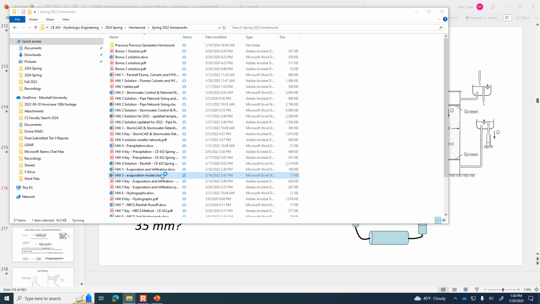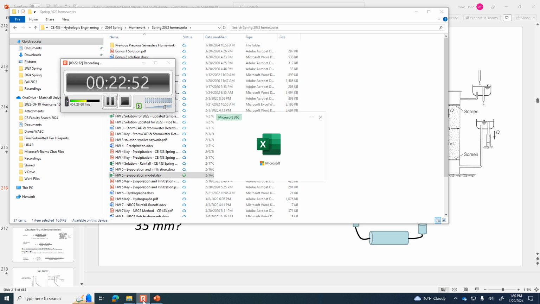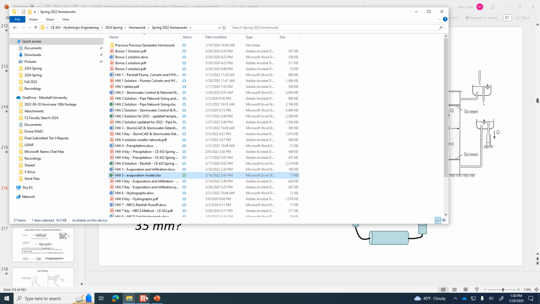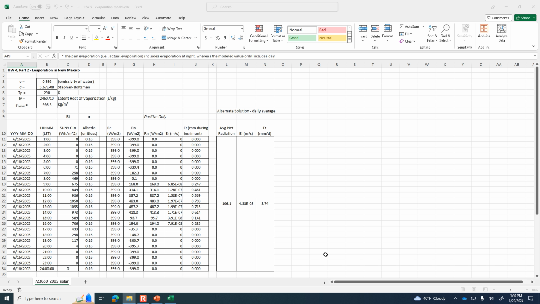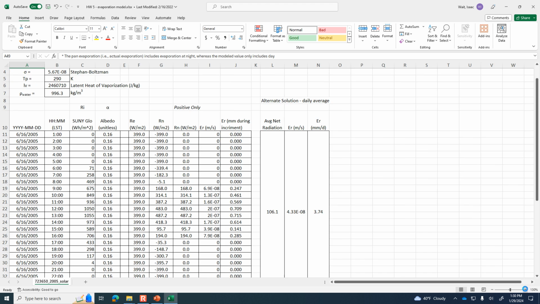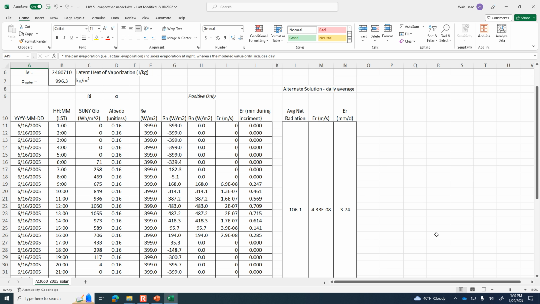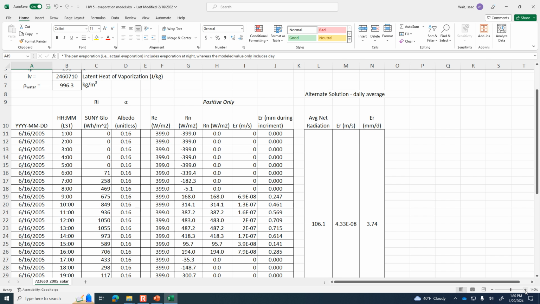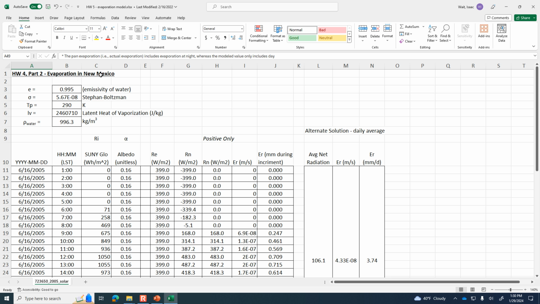Here it is. Here's the evaporation model. All right. So this looks familiar, right? The data that you got. By the way, you downloaded the data as a CSV, which is like a comma delimited file.